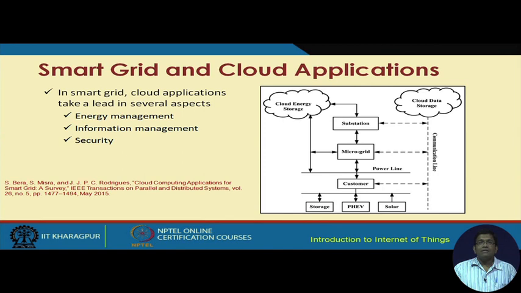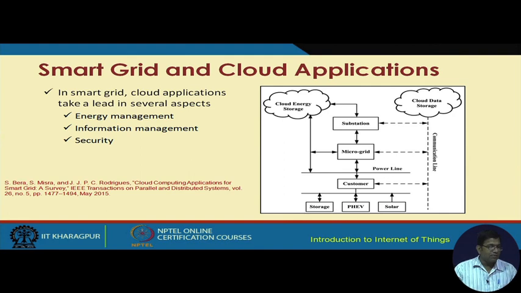So, cloud applications can take a lead in several aspects, for example, with respect to energy management, information management and security management. I am going to briefly talk about each of these, highlighting their use, but this is available in the research paper, the reference for which is given on the slide.